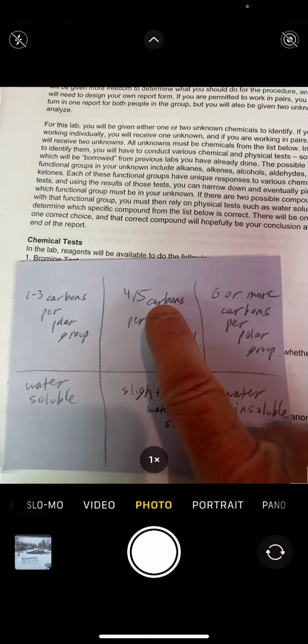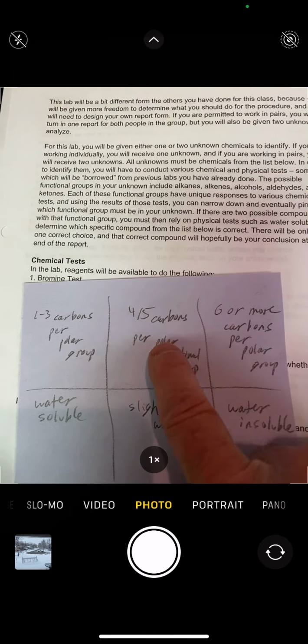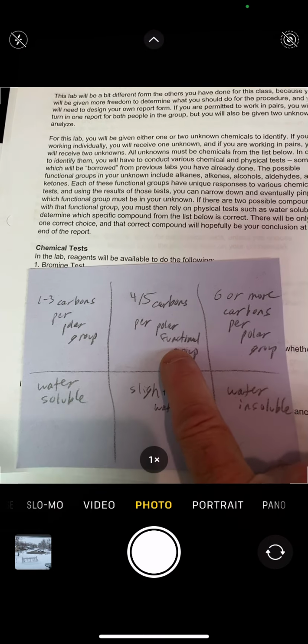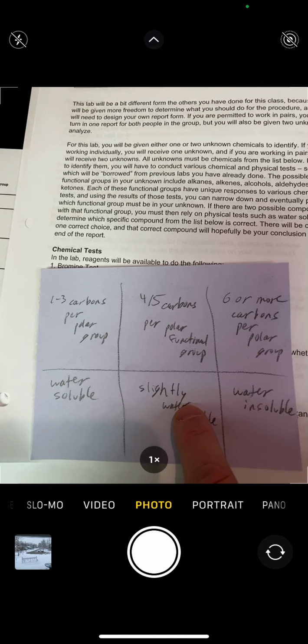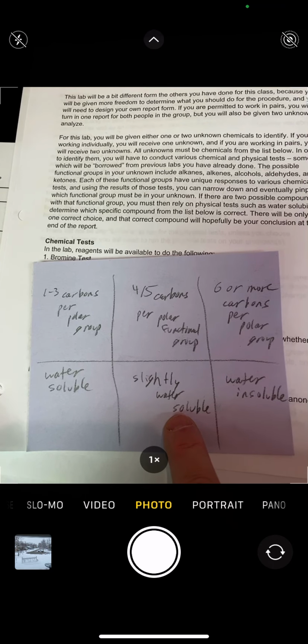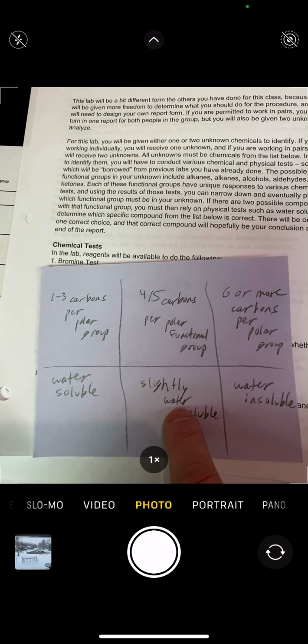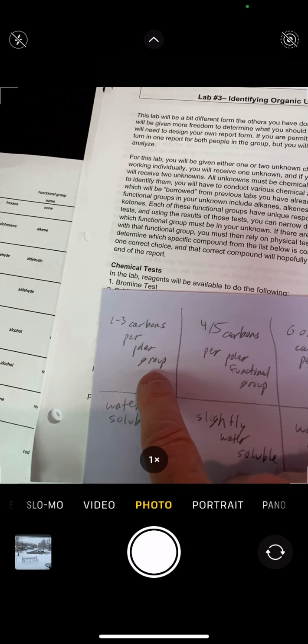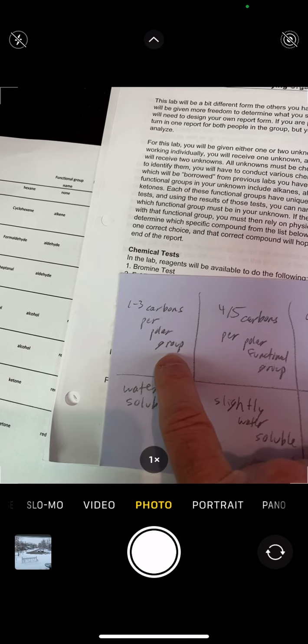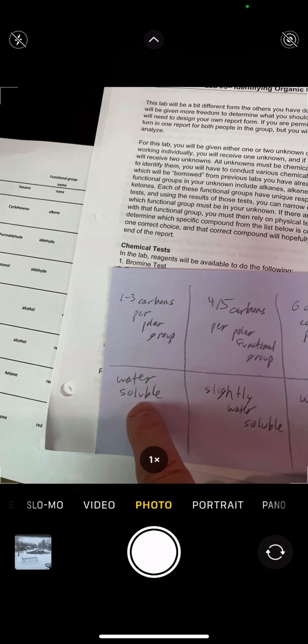So if you have 4 to 5 carbons for every one polar functional group, then we say it's slightly soluble. In general, the organic chemical tends to be slightly soluble in water. What does that look like when we test it? Well, it'll look cloudy. If it has less than 3 carbons per polar functional group, then it's going to be water soluble.